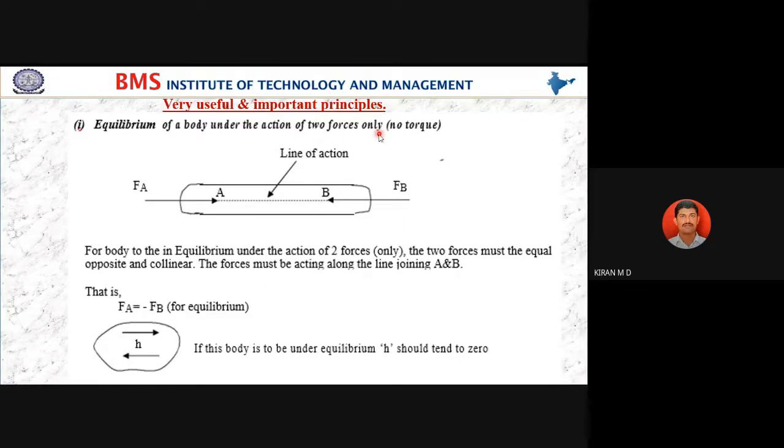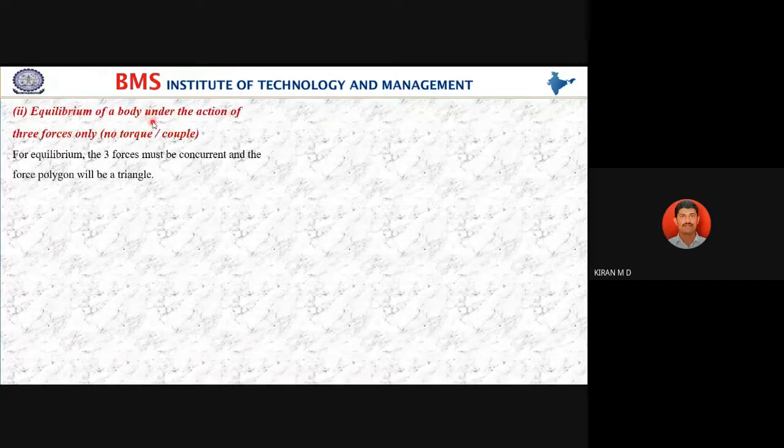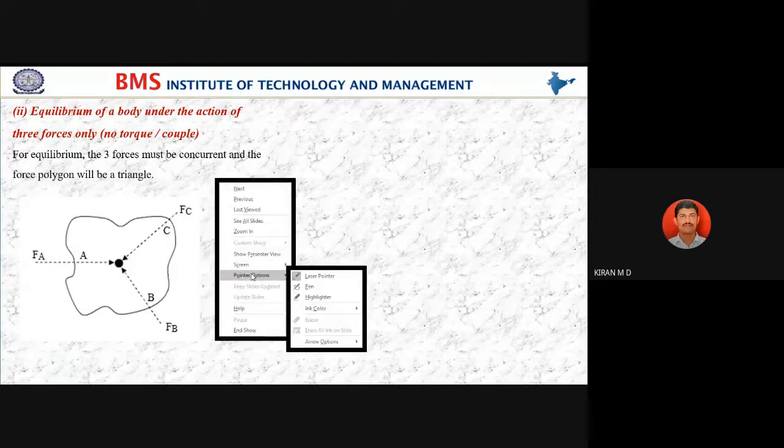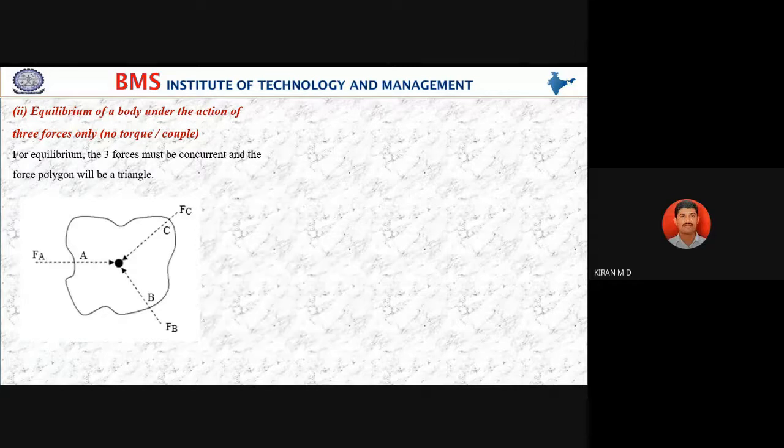For two forces, that is the case. If it is for three forces, what we can do here, for example, the forces are like this. When we are going to draw the force polygon, for example, this one is FA, towards the left, and FB from A here. So this should be like this, and this will reach this point.